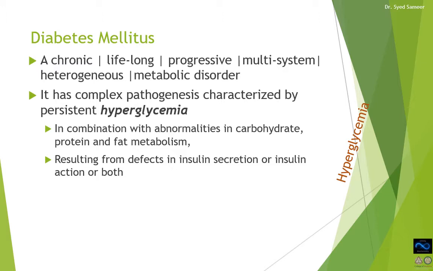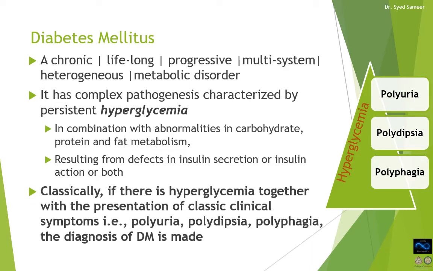Then there is a combination of abnormalities in the metabolism of all macromolecules, carbohydrates, fats, as well as proteins. And the defect actually is a manifestation of the insulin secretion. There is a defect in the insulin secretion or insulin action or both. So the hyperglycemia is there. There is a dysregulation of the insulin levels, and then there is an abnormality of metabolism of the macromolecules. However, clinically, the hyperglycemia, together with the clinical symptoms of polyuria, polydipsia, and polyphagia, are the gold standard of diagnosing the diabetes mellitus.